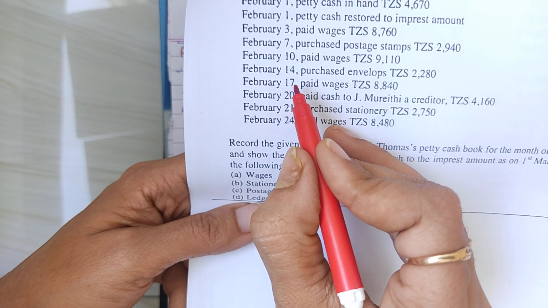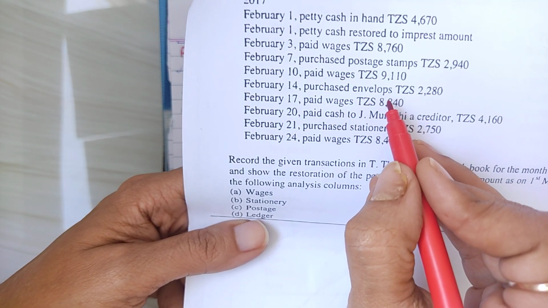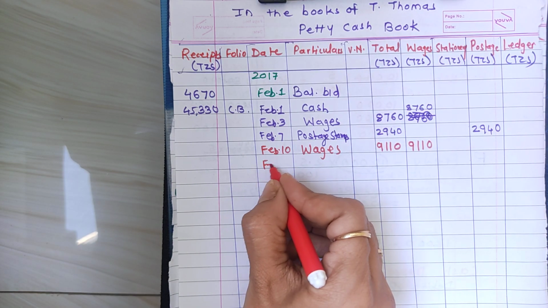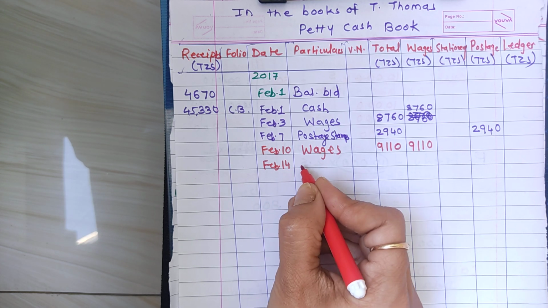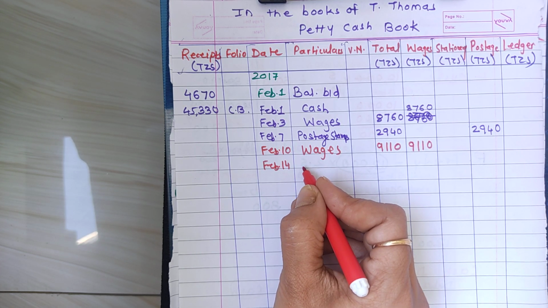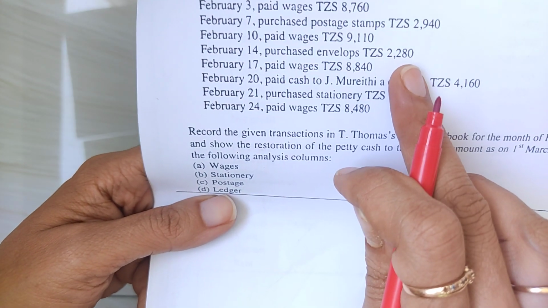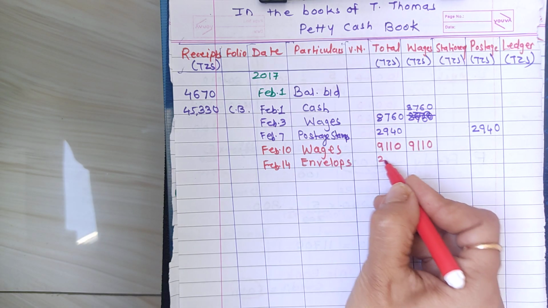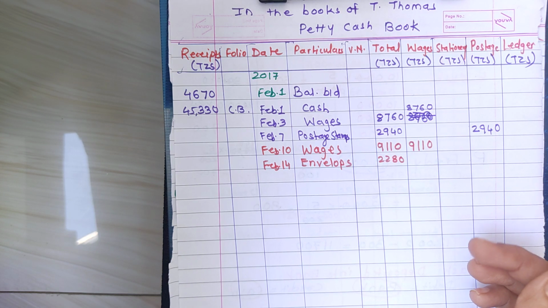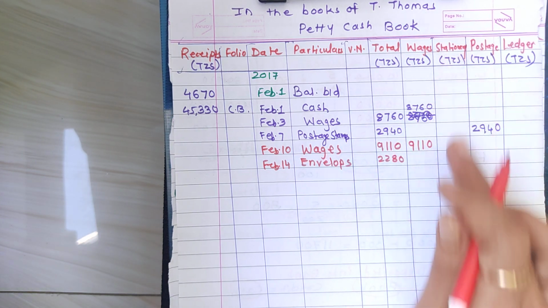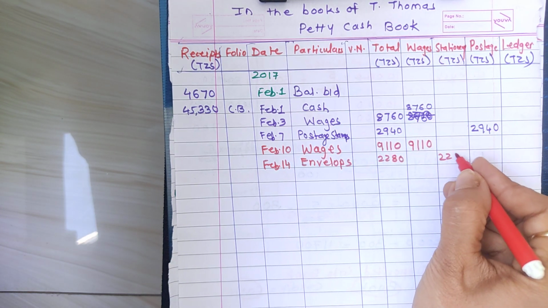Next, February 14 purchased envelopes. So Feb 14, write down here envelopes. The amount is 2280. First write down in the total column. Now the envelopes will fall in the stationery. So write down in stationery 2280.